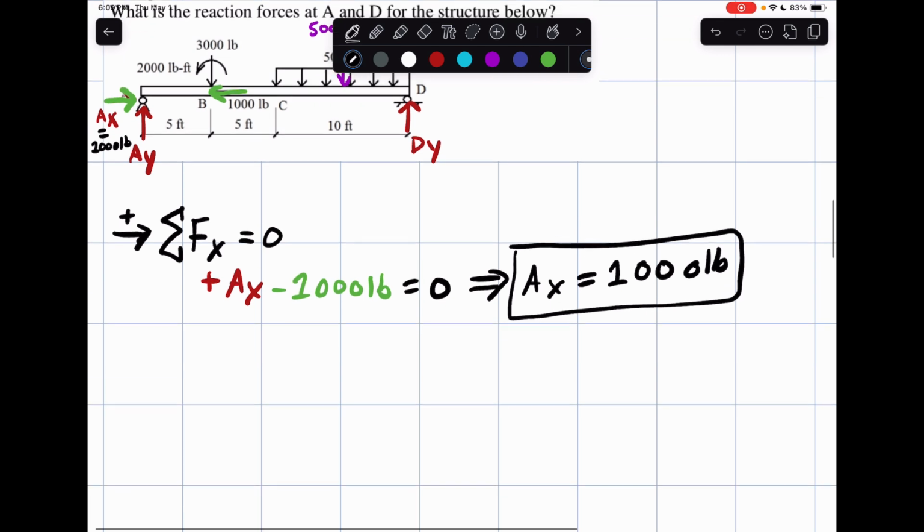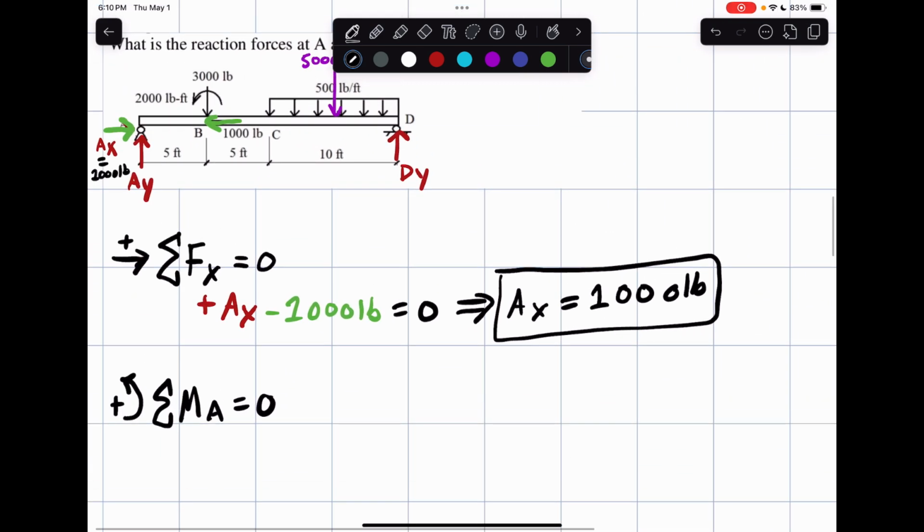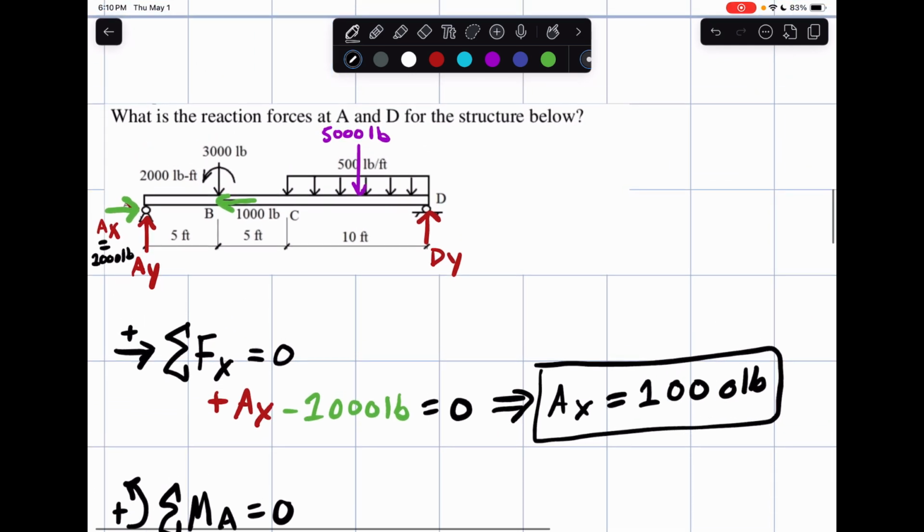To find DY, let's take the moment at A. Oh shoot, my bad, moment at A, and set that equal to 0 for equilibrium, and define our positive direction as counterclockwise. Based off our moment definition, which is force times distance, we have multiple moments being created here.